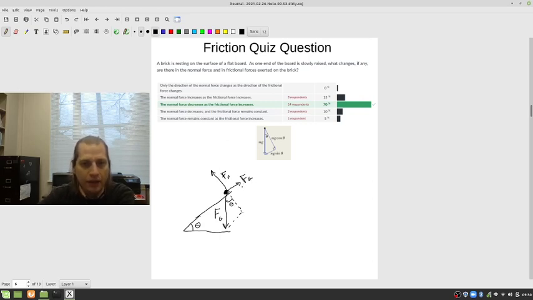And what's happening is that when the board is totally flat, that's where you get your maximum normal force. So as this slope is getting steeper, Fn is getting smaller.